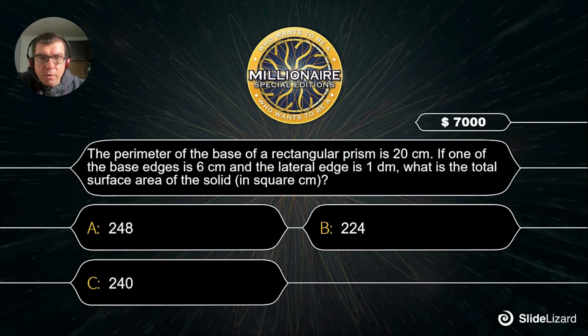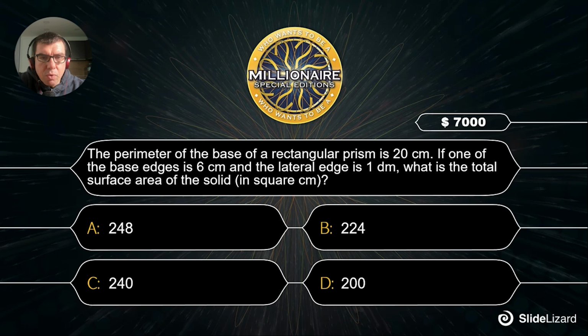The perimeter of the base of a rectangular prism is 20 centimeters. If one of the base edges is 6 and the lateral edge is 1 decimeter, what is the total surface area of the solid in square centimeters? 5 seconds.